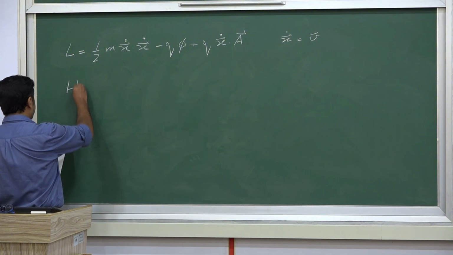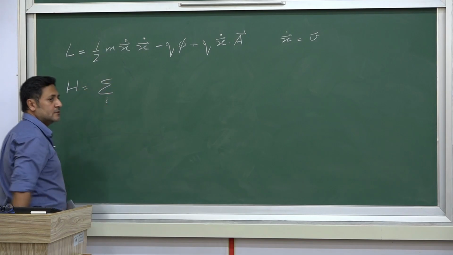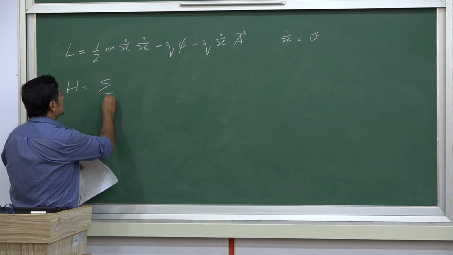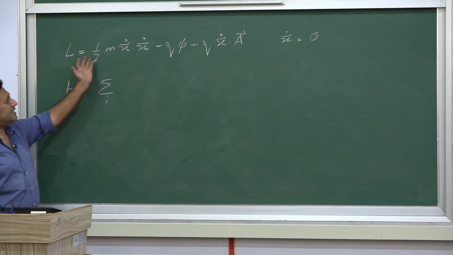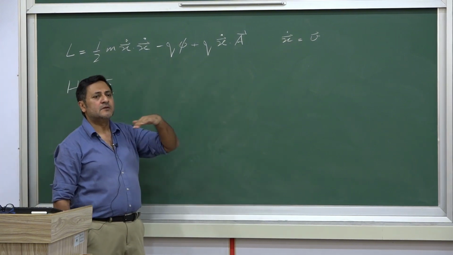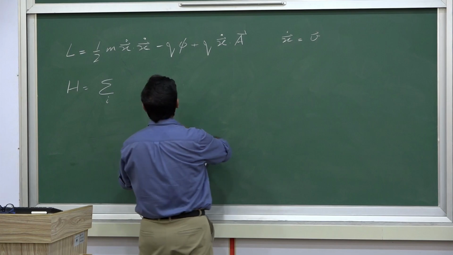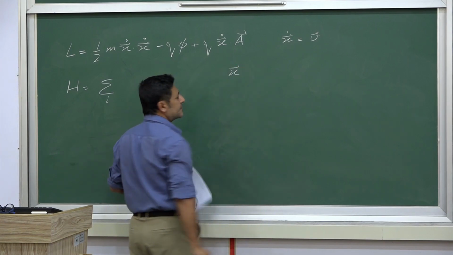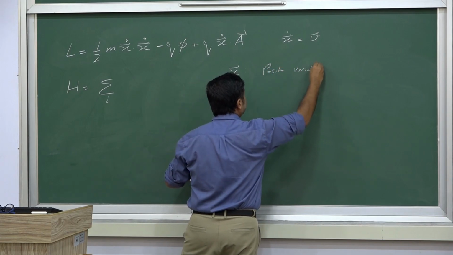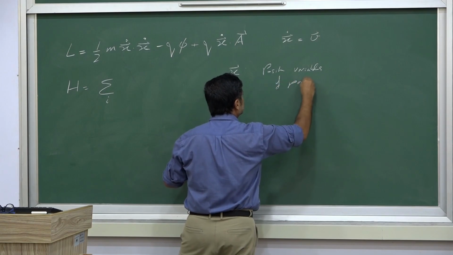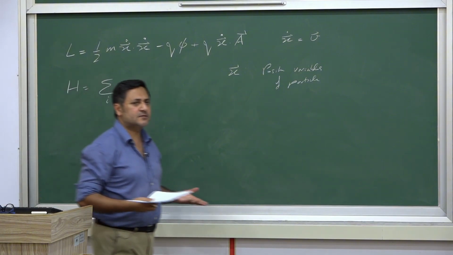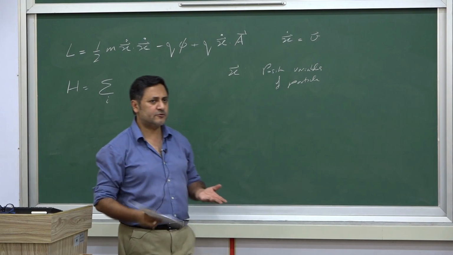So what's the Hamiltonian from here? This is a reminder for those who have taken classical mechanics, and for those who haven't, let me just say a few words. The Lagrangian is a scalar function of your basic variables, which in this case are the position variables of your particle. These are your dynamical variables whose dynamics you are trying to describe.